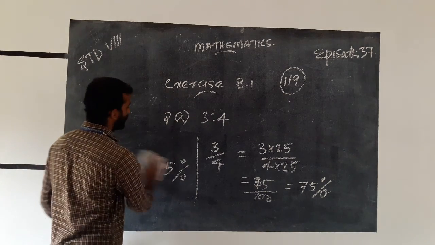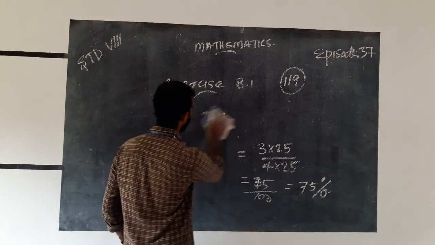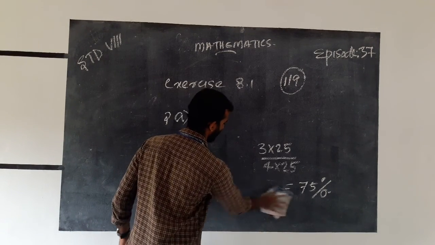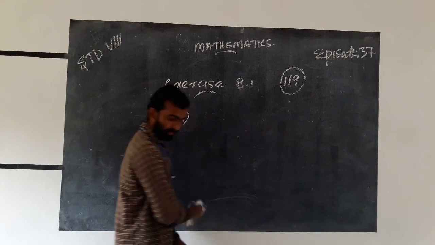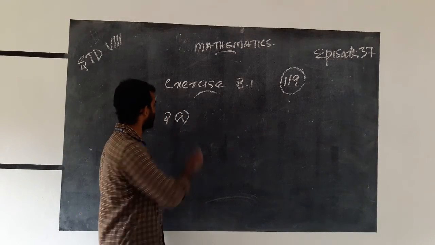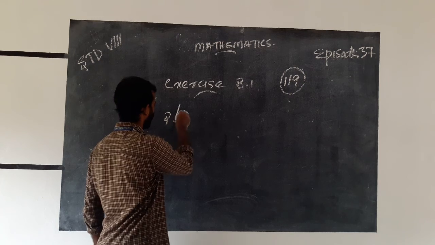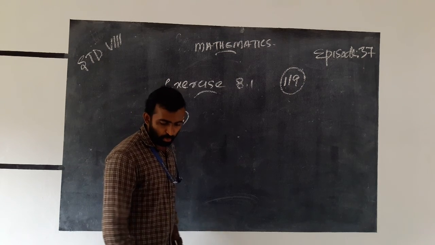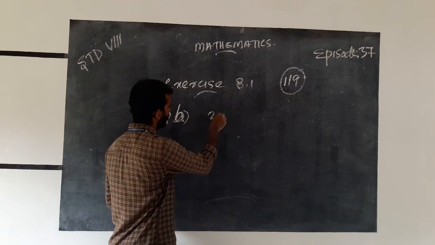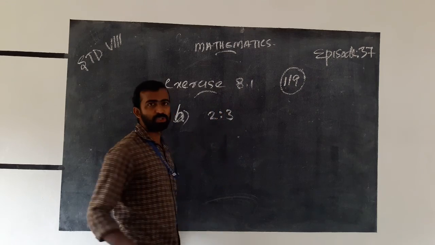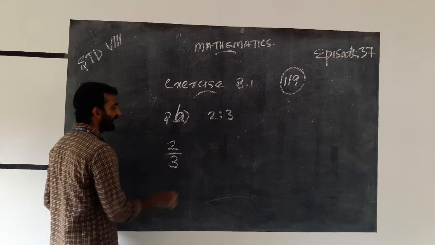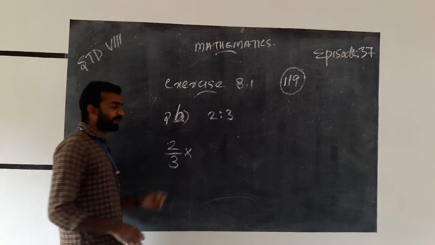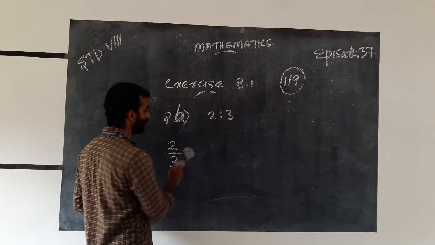And the second, B part question is: what is 2 is to 3 as a percentage? The first method is we can write it as 2 by 3. We want to convert the denominator into 100.